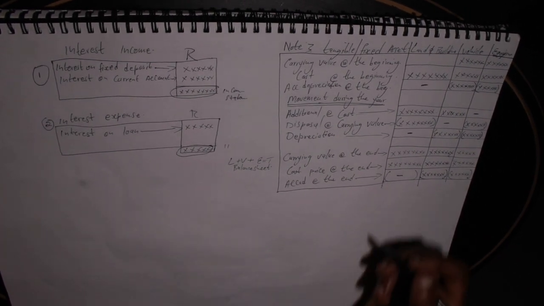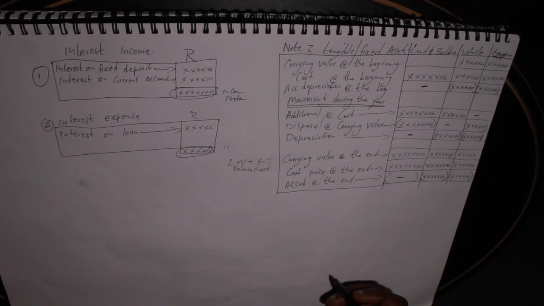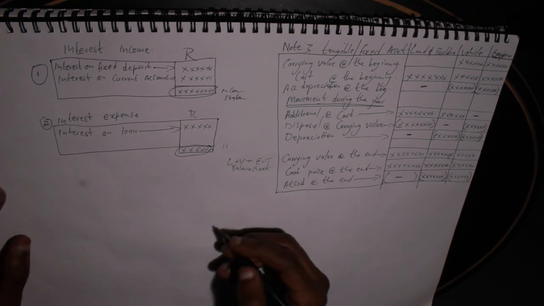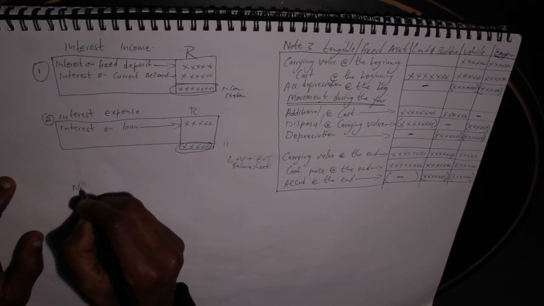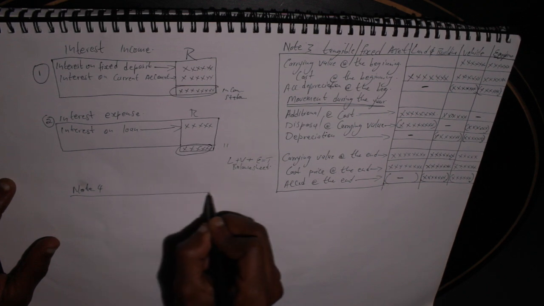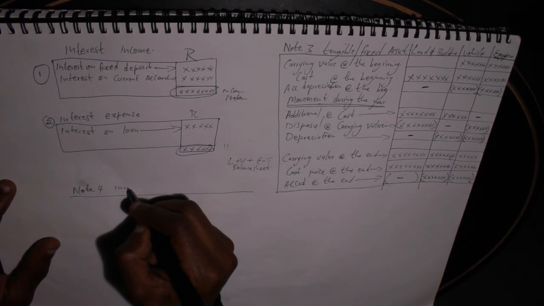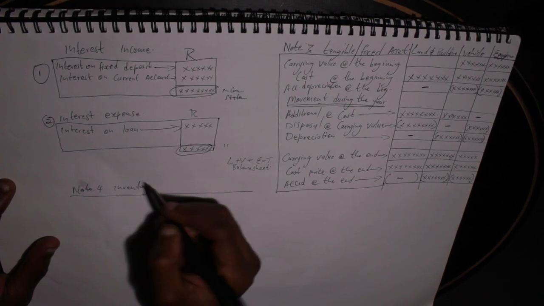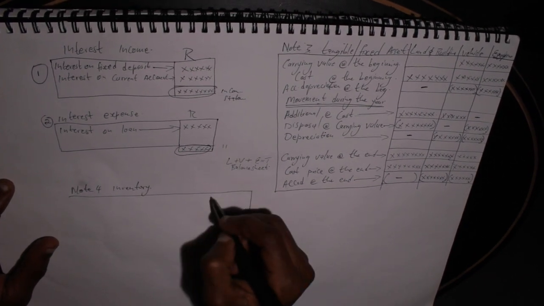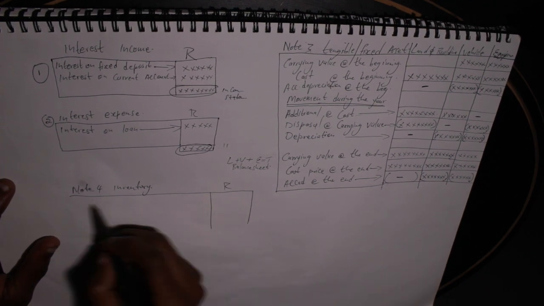The next item, as we are focusing on our notes, is note number 4, which is inventory. Note number 4 also falls under statement of financial position. Inventory. I'm going to just leave a column there. This column is for the amount.